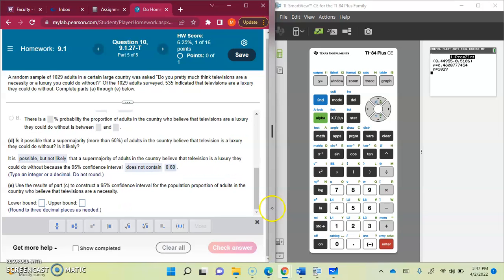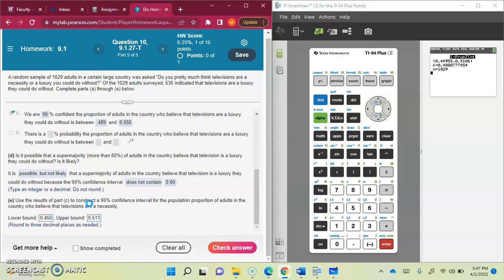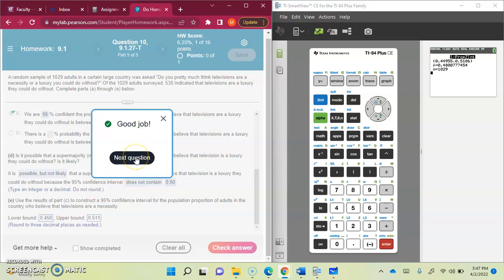We're going to enter that interval here, again to 3 decimal places: 0.450, rounding off to the third digit, and here it is 0.511. So that is how you check the complementary confidence interval.